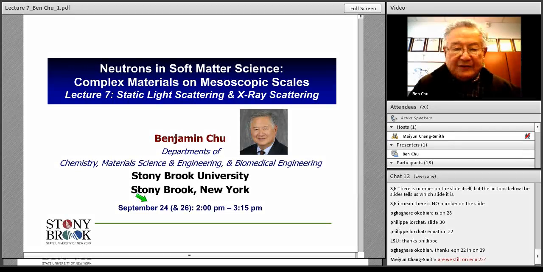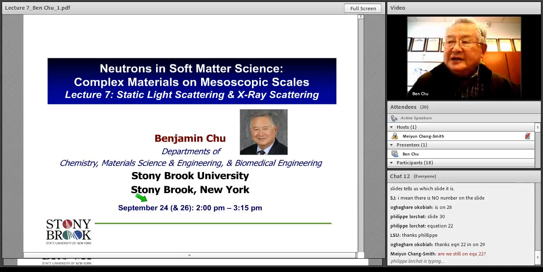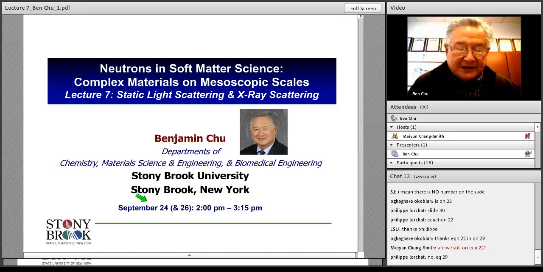If we want to take into account the particle interactions, which are at slightly higher concentrations but still not so much, we can use a Fourier expansion, and this will give you the second Fourier coefficient of the interactions between the particles.